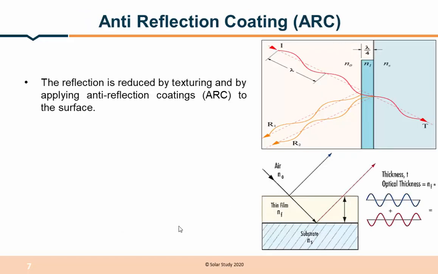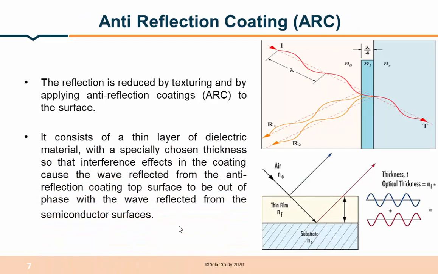Now we will see what is anti-reflection coating. This is a thin layer on the solar cell. Here you can see there are two refractive indices: one is the refractive index of the air, another is the refractive index of the surface.